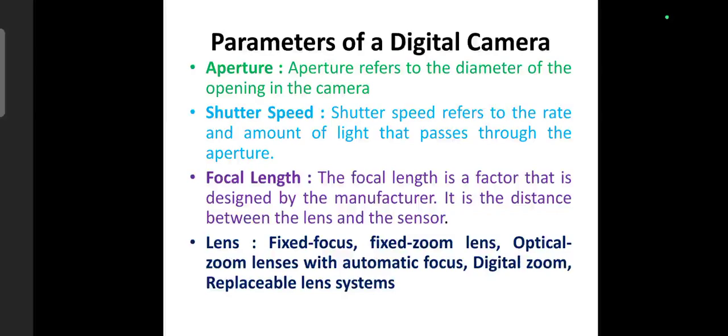Digital zoom simply enlarges the image electronically, which may reduce image quality. Professional DSLR and mirrorless cameras allow photographers to replace lenses depending on the application. For example, a macro lens is used for close-up photography, while a telephoto lens is used for photographing distant objects.